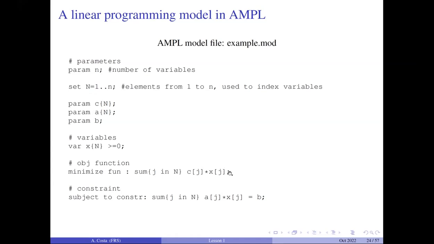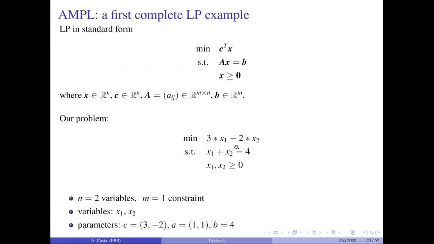Again, imagine that you have to write something like that manually for 100 or 1,000 variables. It will be very, very challenging. But AMPL helps us with this indexing of the variables, and now we can write even a very long expression with just a few characters. That is very useful. And similarly for the constraint, remember it was x1 plus x2. This one is not really hard to write, but again, we can use the same syntax.